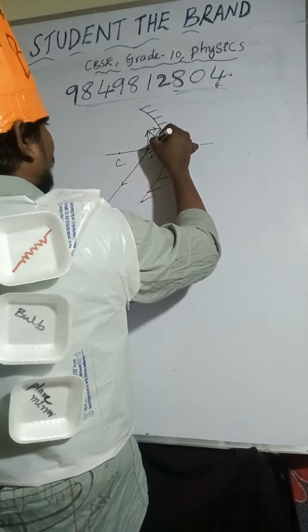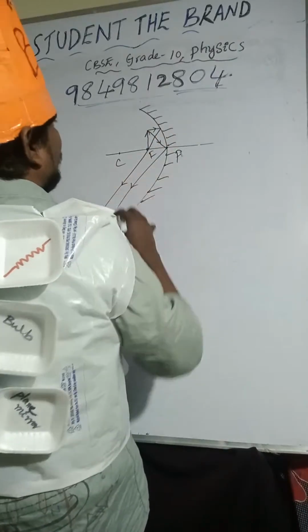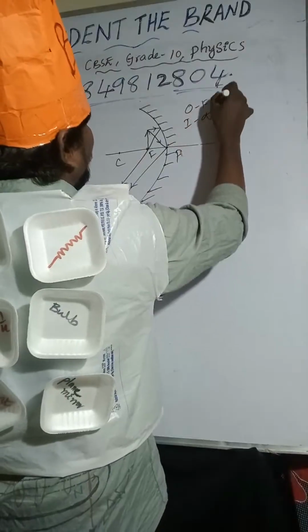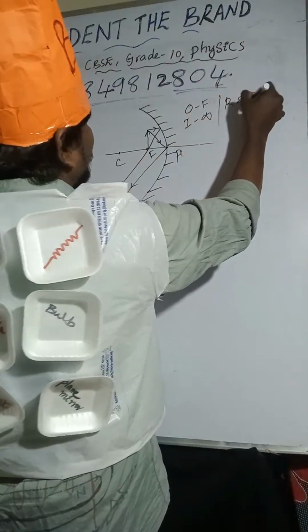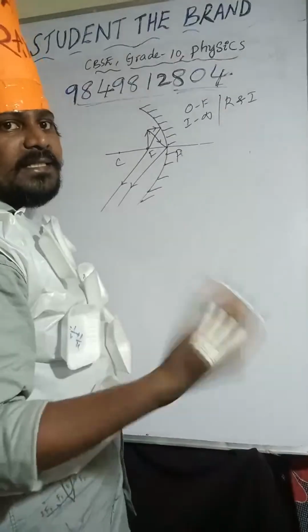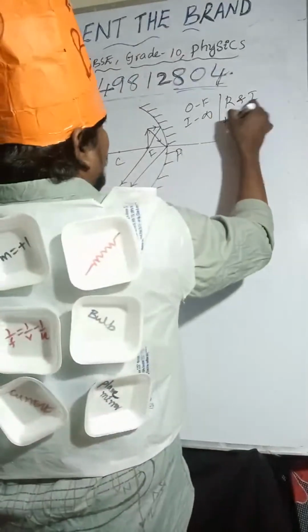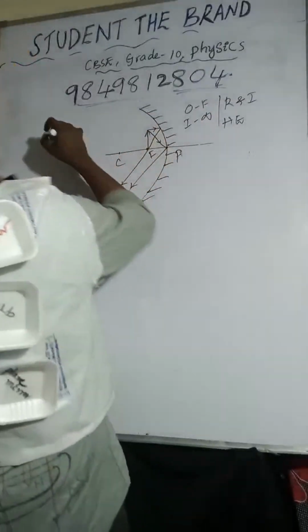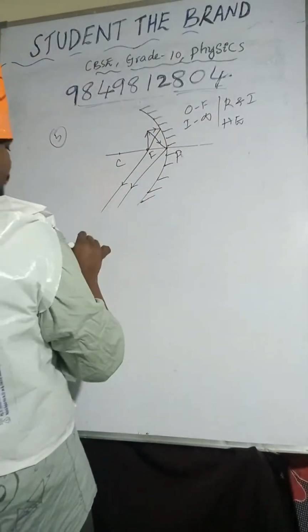Another light ray I am taking like this, so it will meet. Object is at F, image is forming at infinity, nature of the image is real and inverted, and the size of the image is highly enlarged. Next one, so this is the fifth one. Coming to 6.